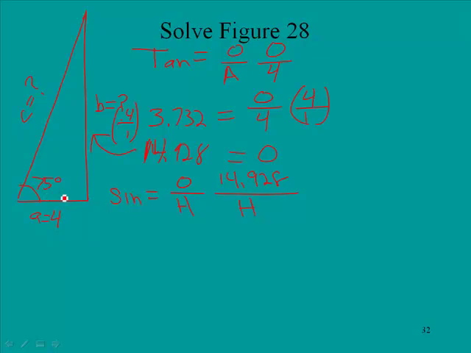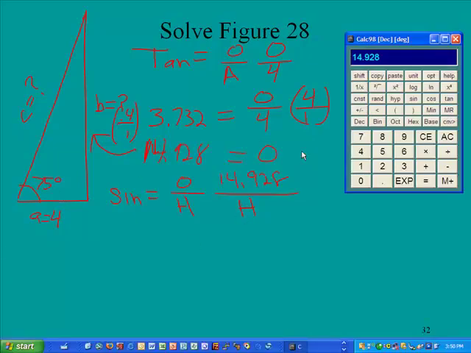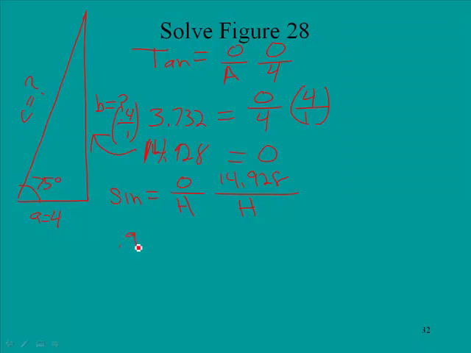The sine function, let's get our sine function. We have 75 degrees. We'll take the sine of that, and that is 0.965. So if we had 0.965 equals 14.928 over h, and we could solve for this, and we'd find that h is going to equal 14.928 divided by 0.965.